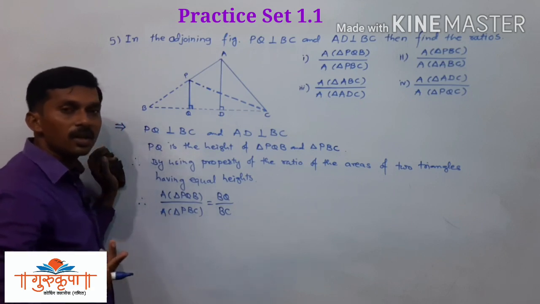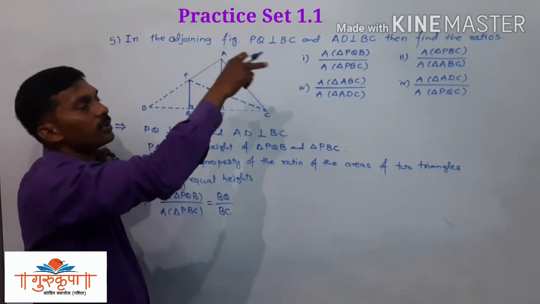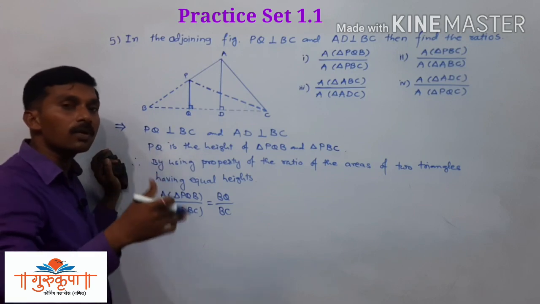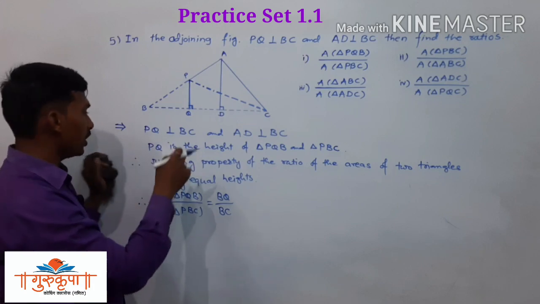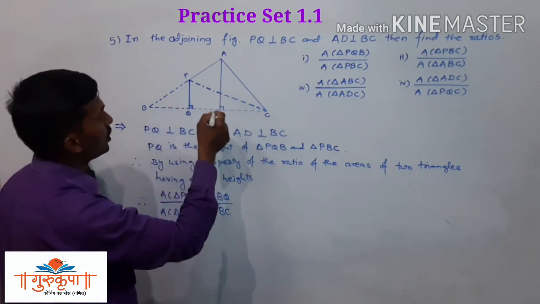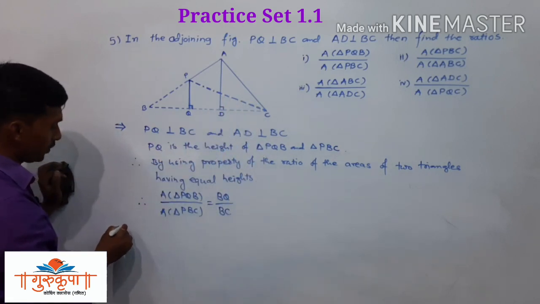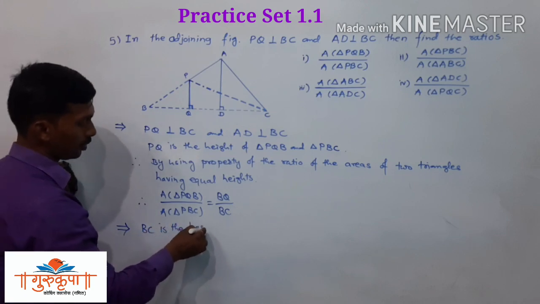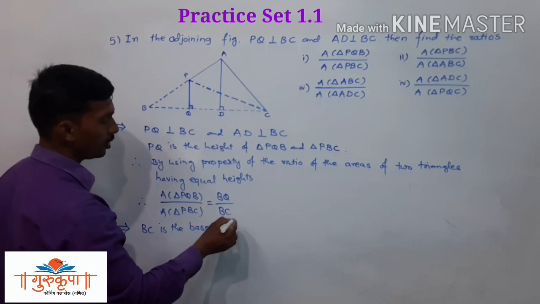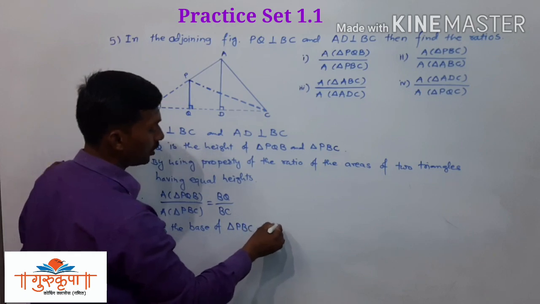And all of you know that if the bases of two given triangles are equal, the ratio of the areas of the two triangles is equal to the ratio of their corresponding heights. Now here we can write, BC is the base of triangle PBC and triangle ABC.